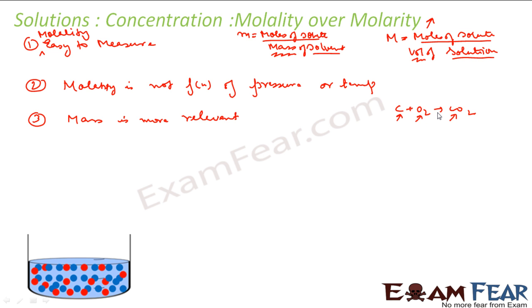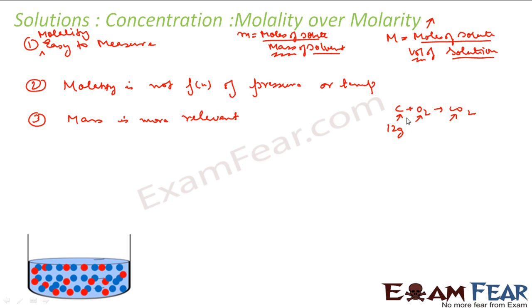At the molecular level, I'll say 1 molecule of carbon reacts with 1 molecule of oxygen to give 1 molecule of carbon dioxide. But since the number of molecules is tons, we have the concept of moles. A mole is nothing but 6.023 into 10 to the power 23 particles, right? And I can say that 1 mole of carbon is nothing but 12 gram, right?